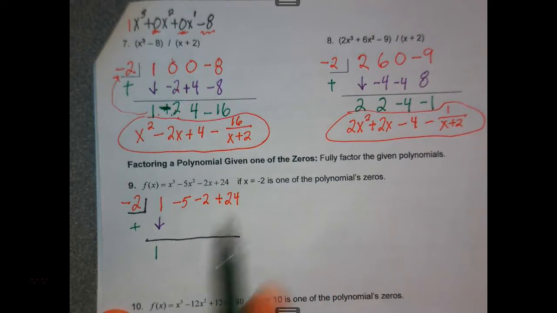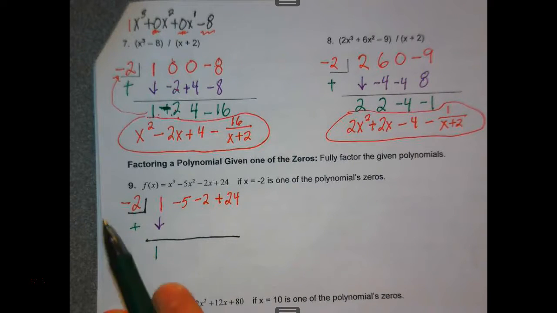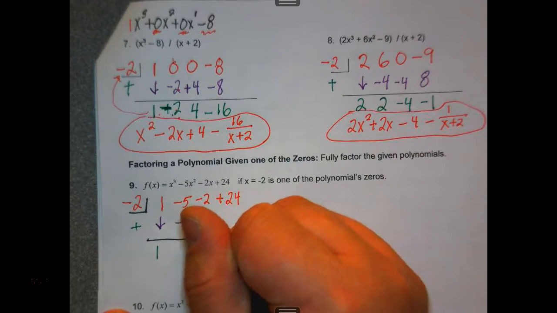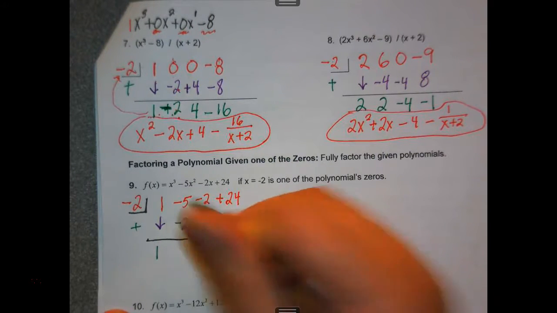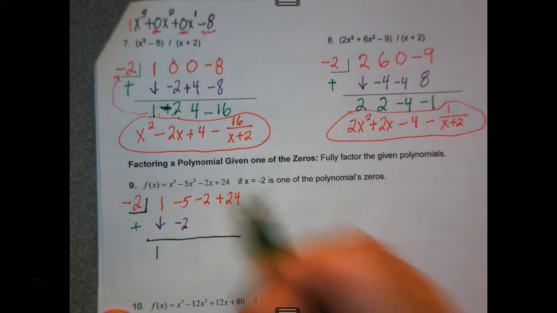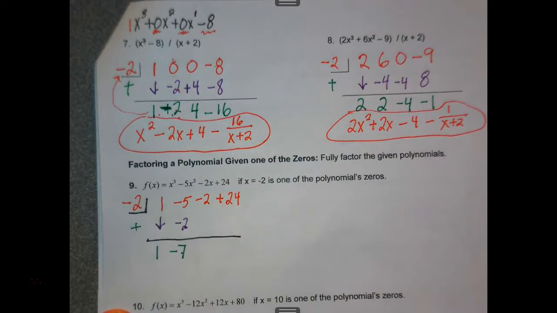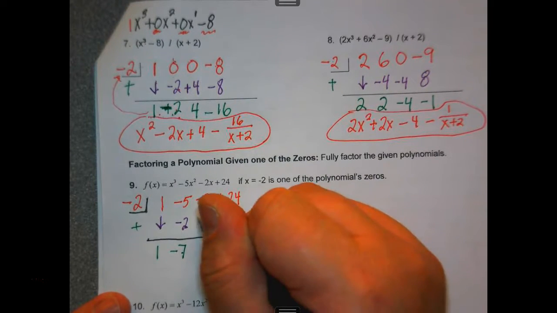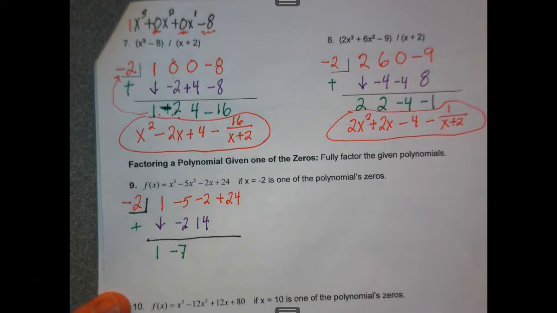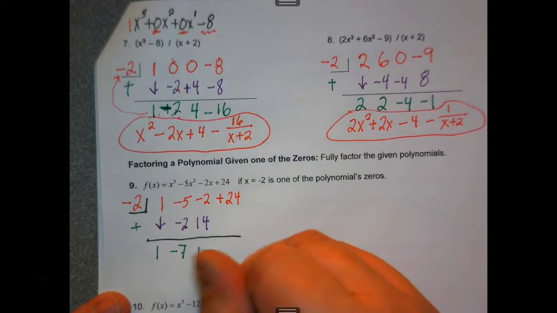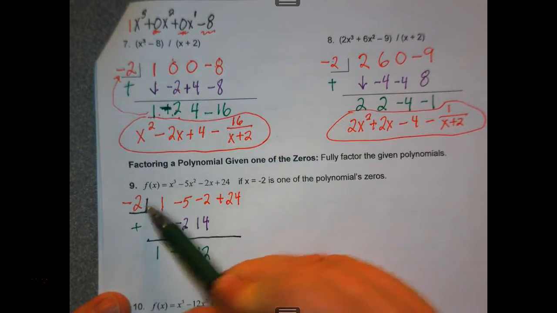Okay, so 1 times negative 2. Negative 2 plus negative 5. Negative 7 times negative 2. That's right, 14. 14 plus negative 2. 12 times negative 2.